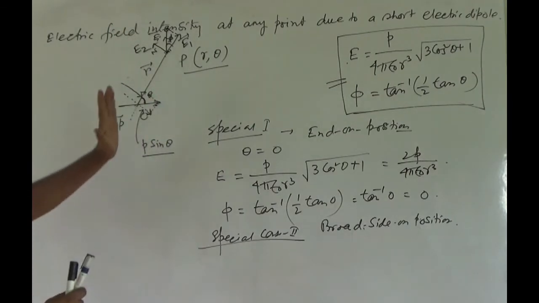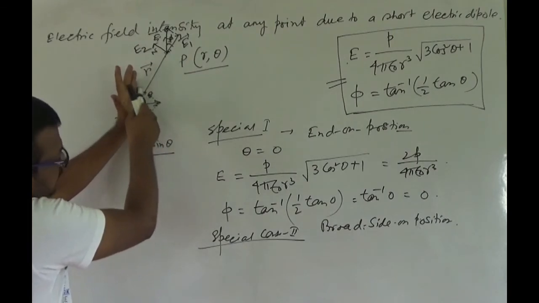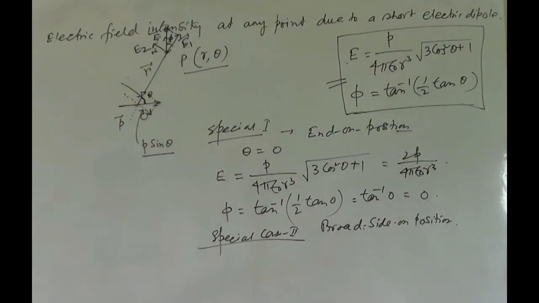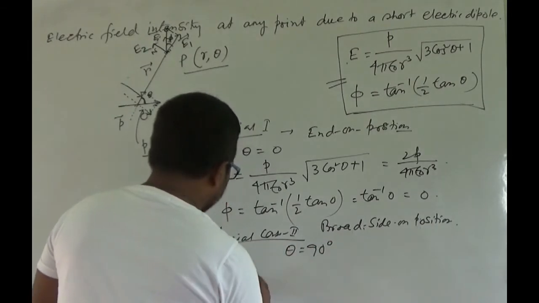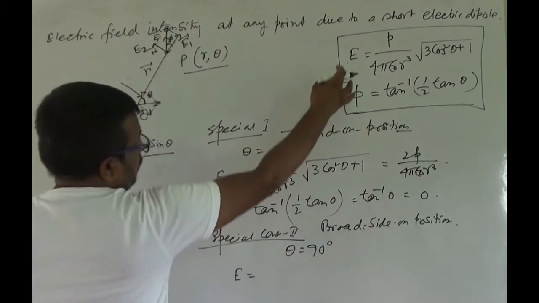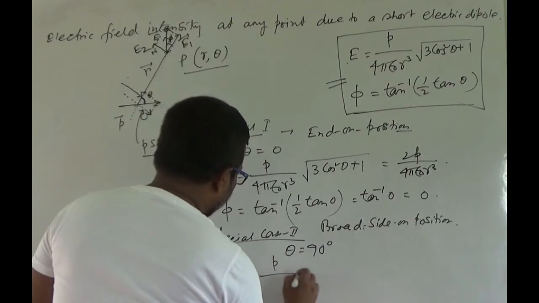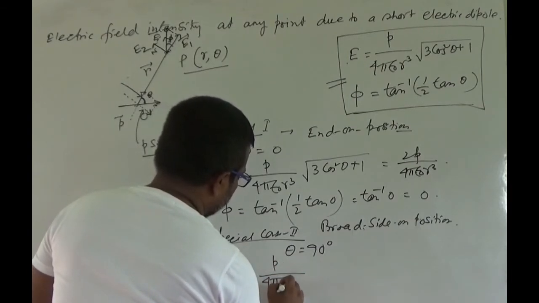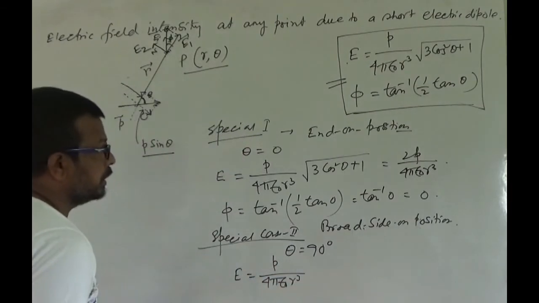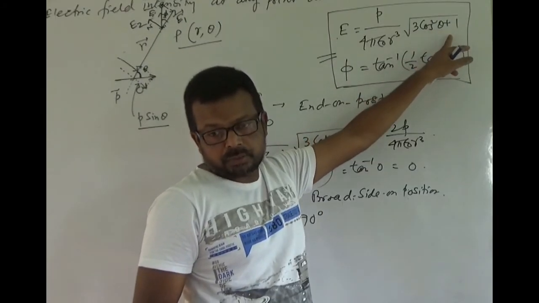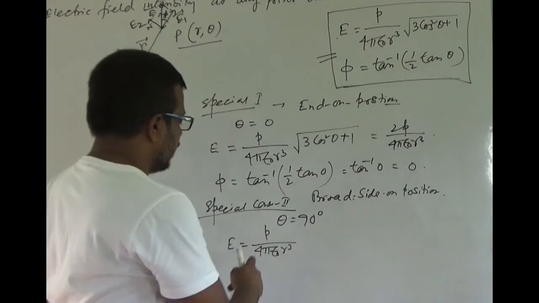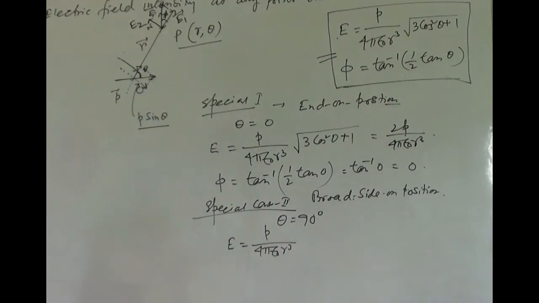That means for that case, angle theta is 90 degree. And for this case, theta equals to 90 degree, and you get E equals to, put 90 degree, you will get P by 4 pi epsilon naught r cube, because cos 90 is 0. 3 into 0 is 0. 0 plus 1 is 1. Root 1 is 1. Therefore P by 4 pi epsilon naught r cube.